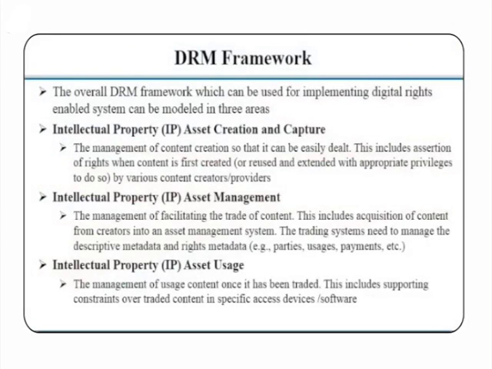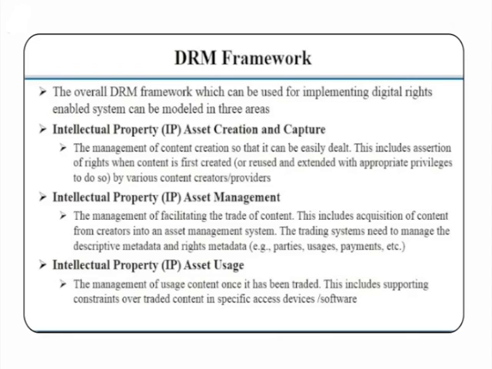The overall DRM framework, which can be used for implementing a digital rights enabled system, can be modeled in three areas, that is intellectual property asset creation and capture, intellectual property asset management, and intellectual property asset usage.